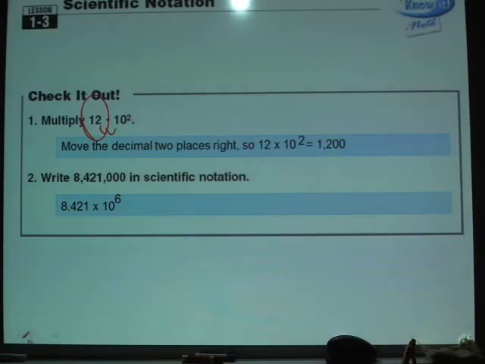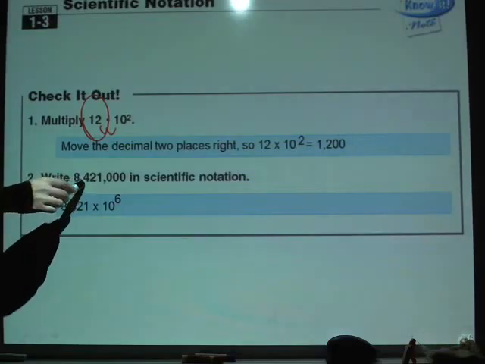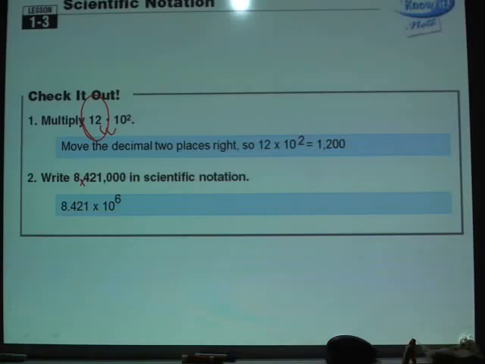Then we're going to write 8,421,000 in proper scientific notation. So remember, what you want to do to start here is insert the decimal such that it becomes something that's between 1 and 10. So I put it between the 8 and the 4, which would be 8.421000. Now, of course, zeros at the end of a decimal don't matter, as you already know, so they get dropped off, and it's just 8.421.